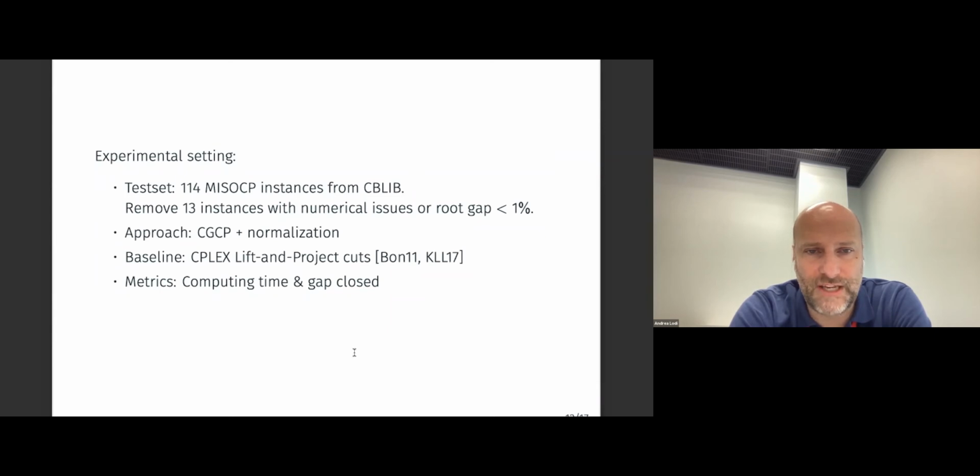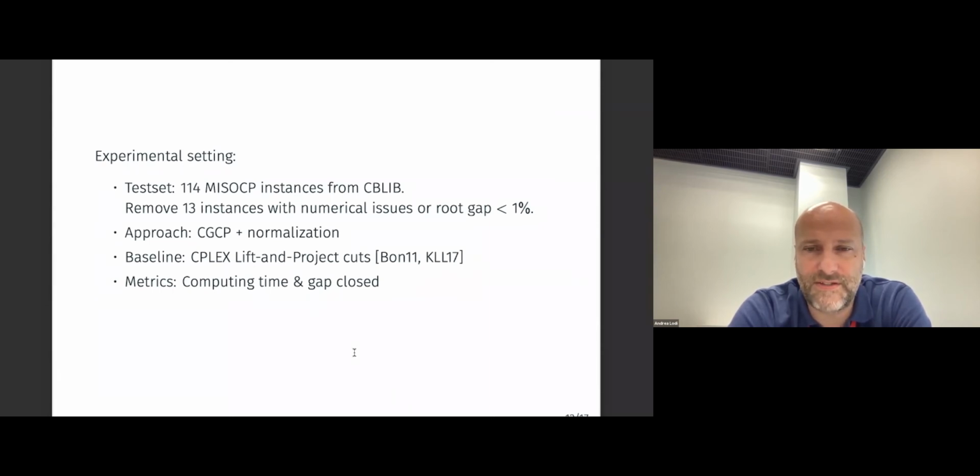The approach is that we are evaluating the cut generating conic problem plus the normalization, and as a baseline we use Cplex, in its most aggressive version, with lift and project cutting planes for conic optimization.